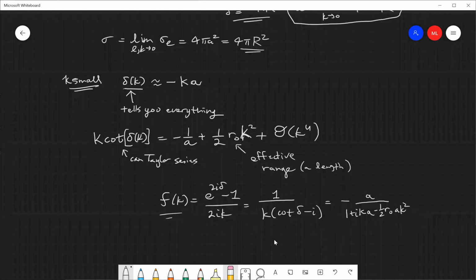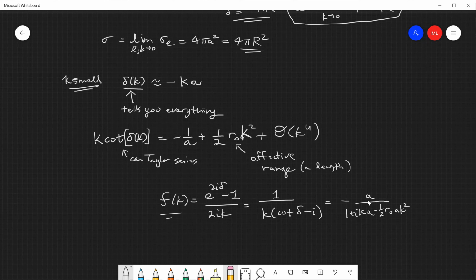Then you can parameterize everything about your scattering problem with these two lengths, the effective range and the scattering length. And I think generally this is all you pretty much ever need for low energy scattering problems.